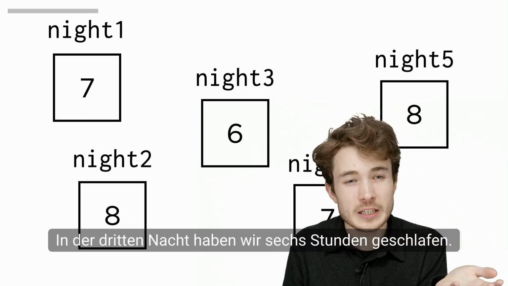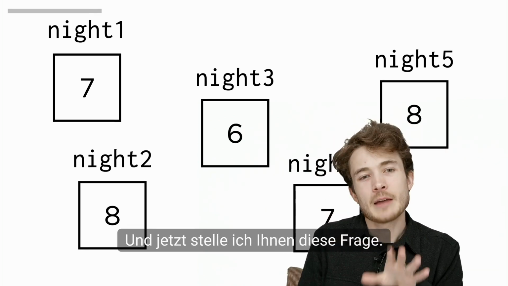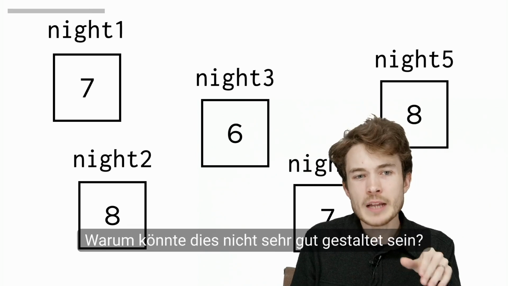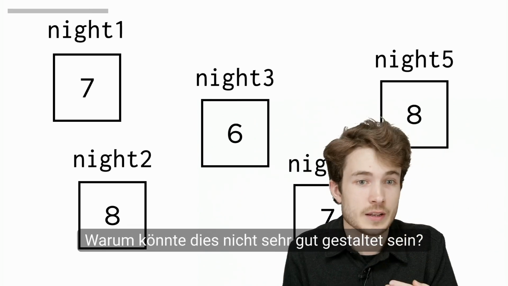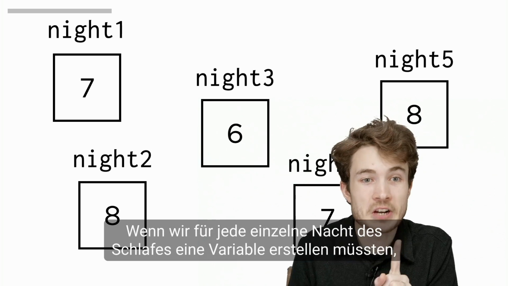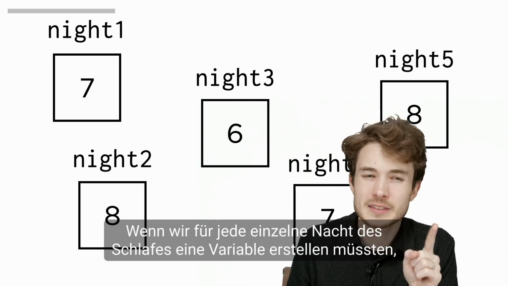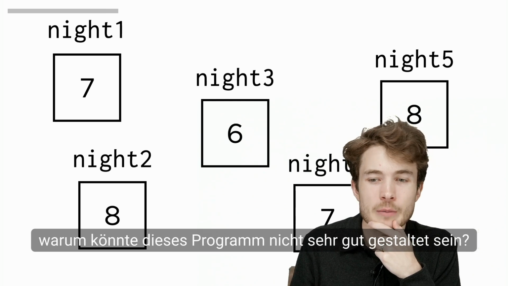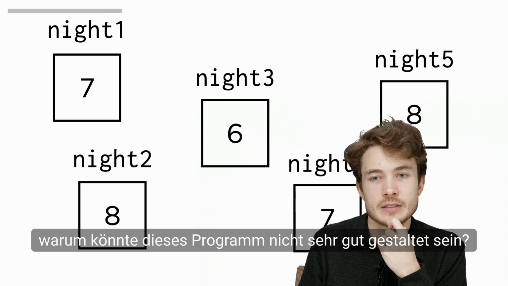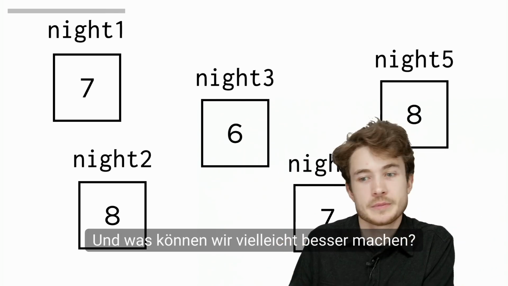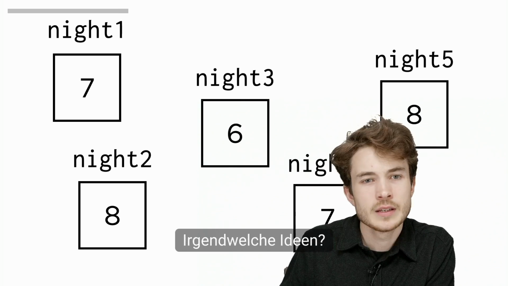On night 3, we slept 6 hours. And now I'm going to ask you this question. Why might this not be very well designed? If we had to create one variable for every single night of sleep, why might that program not be very well designed? And what could we do better, perhaps? Any ideas?